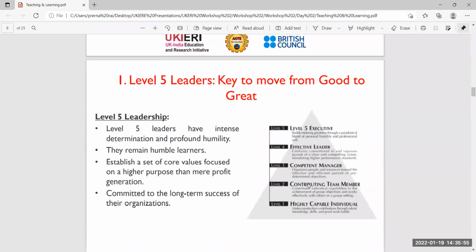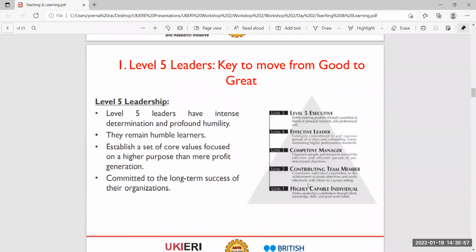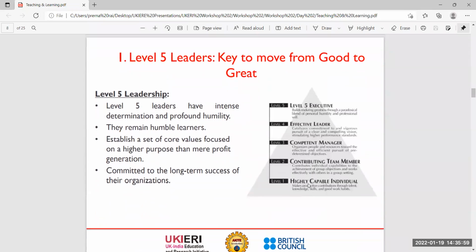And if you follow this, it is stated that maybe we can develop good teachers into great teachers. So the first step of the flywheel is that we need to follow Level 5 leadership rather than Level 4 or Level 3 leadership. It goes from individual team members, managers, leaders to executives. So we need to follow this hierarchy.